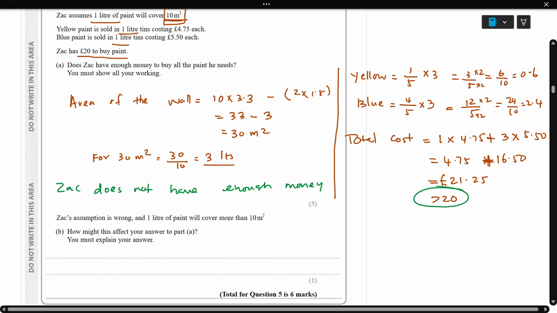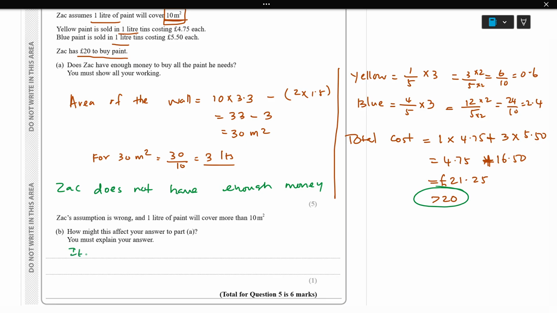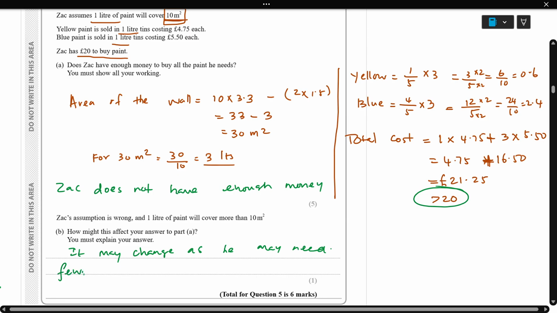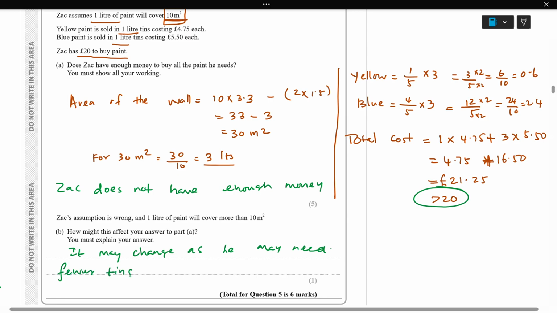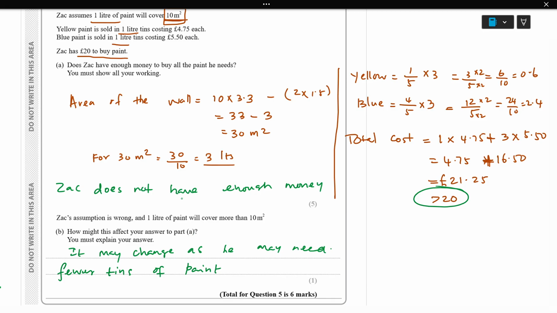Now they say 1 liter may cover more than 10 square meters, so we can write it may change as we need fewer tins of paint, because if 1 liter covers more than 10 square meters, the amount of paint will be less.